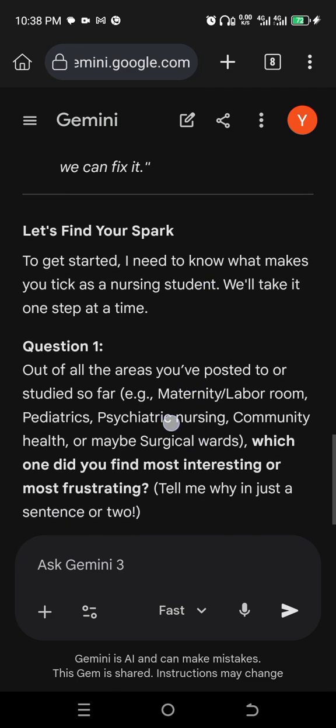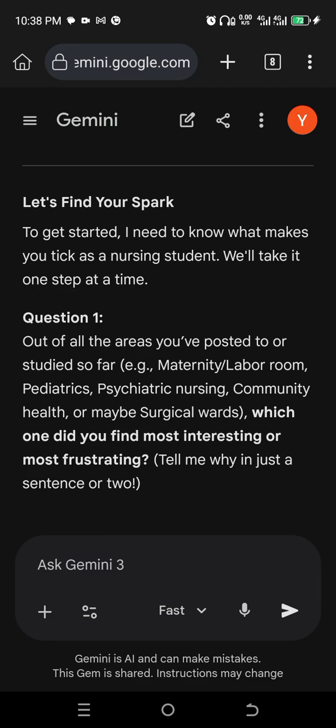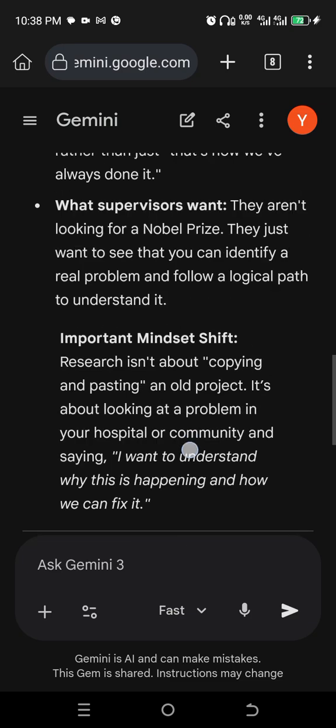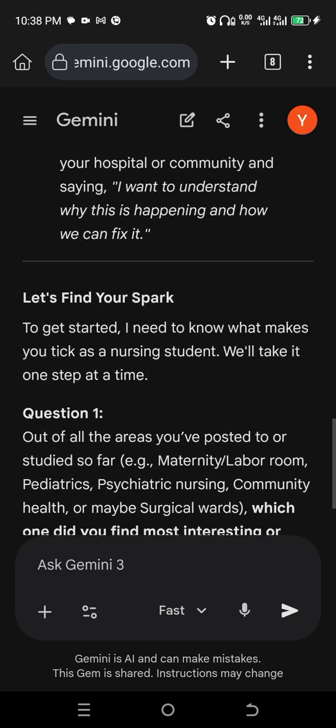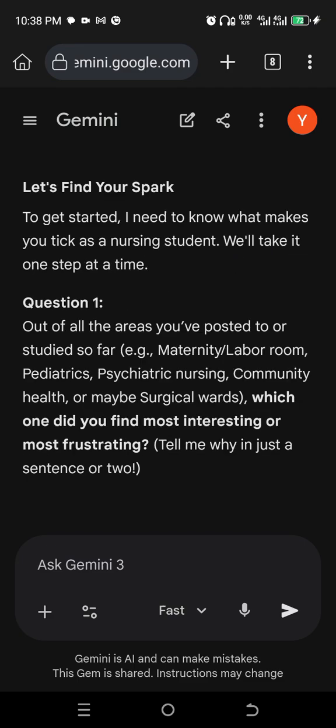It will ask you a question, and as it asks you questions, you provide answers until you get what you want at the end. So after it educated me a little bit about project and research, it now asks me this question: out of all the areas you have been posted to or studied so far, you see that you are posted in different wards and you study different courses, what interests you most?